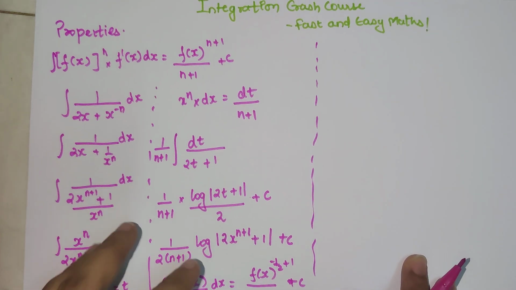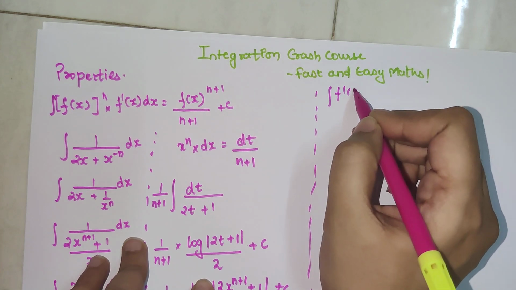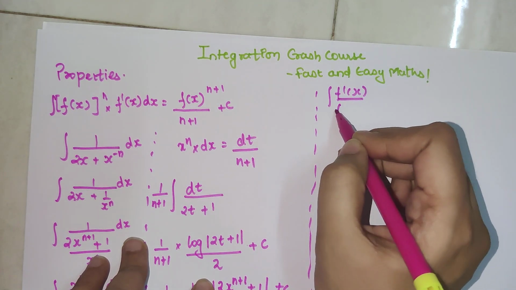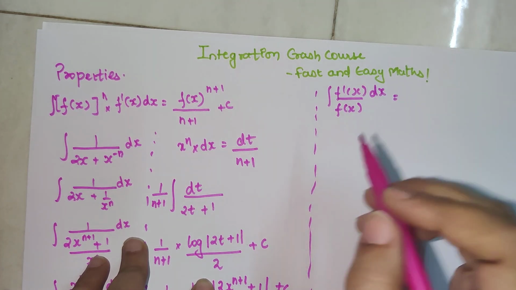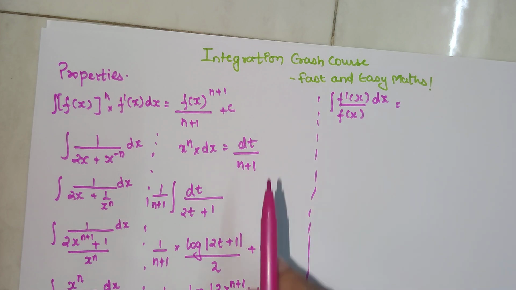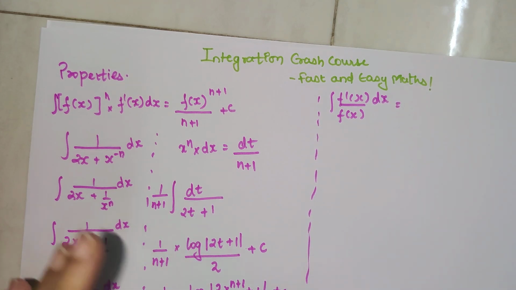let's talk about the next property, which is if f dash of x upon f of x. So please understand, as I told you, there is no quotient rule in integration. So the moment you come across a fraction, you have to either simplify your question or use any of the properties which I am teaching today.